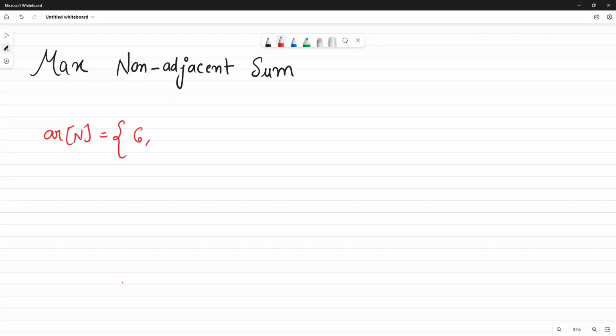The numbers are 6, 10, 12, 7, 9, and 14. You need to find the maximum sum of the non-adjacent elements that you can get. That is, you cannot add elements which are adjacent to each other. Considering that condition, tell me the maximum non-adjacent sum for this specific array.